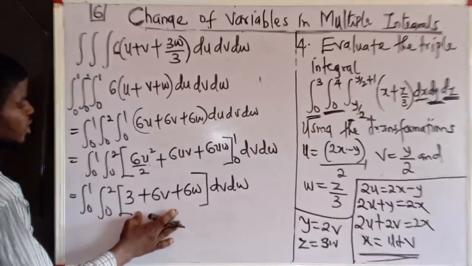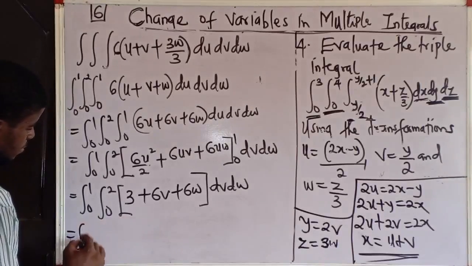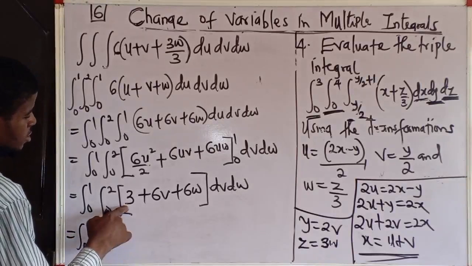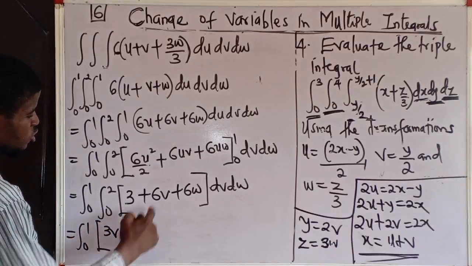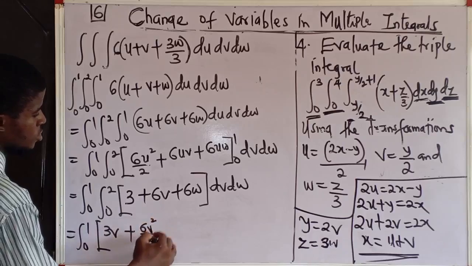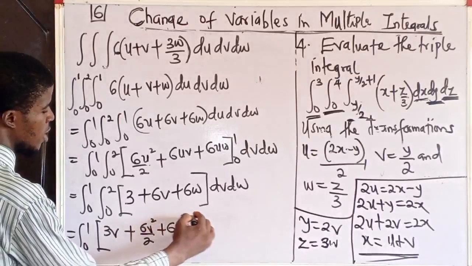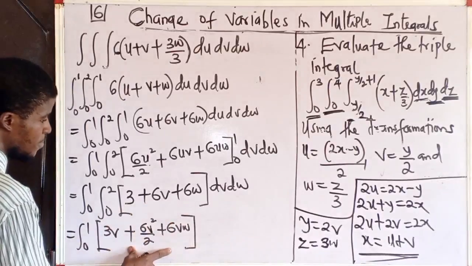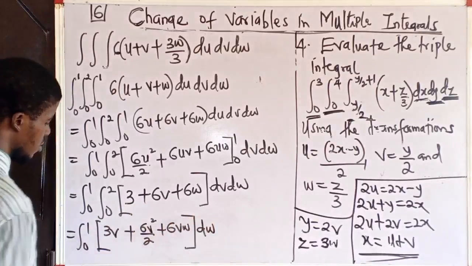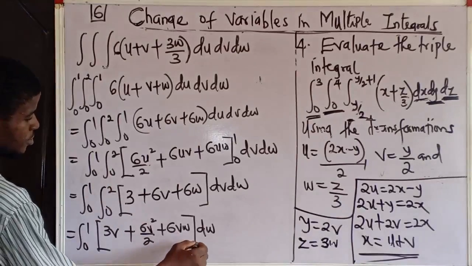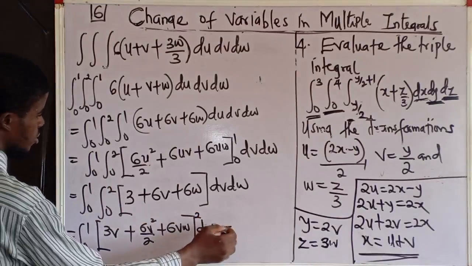Let's now integrate this with respect to v. This will be 3v. This will be 6v squared over 2. And this is 6vw. I just integrated this with respect to v. Then I have dw left, from 0 to 2. So it's simple.